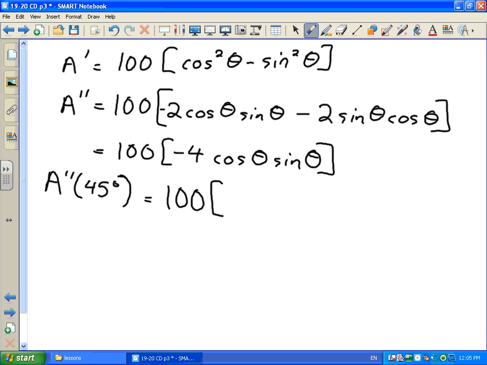They're both going to be 1 over root 2. So 1 over root 2 times 1 over root 2 is just 1/2, times 4 is negative 2, times 100 is negative 200, which is less than 0.